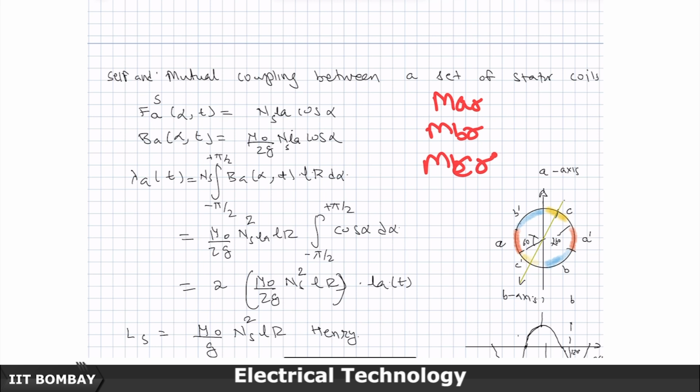The mutual inductance between the rotor winding and A phase, rotor winding and B phase, rotor winding and C phase. A, B, C phases being on the stator, these will be functions of theta. They have to be functions of theta. So, let us start with this. Let us look at this picture.